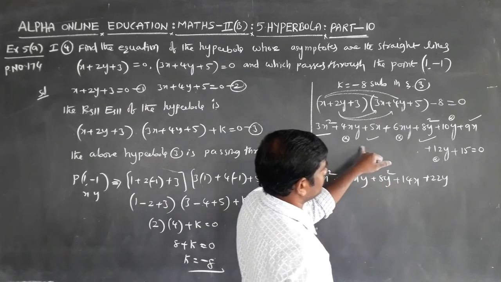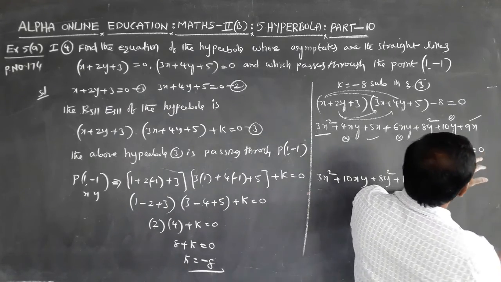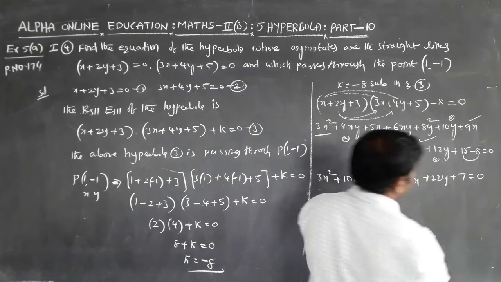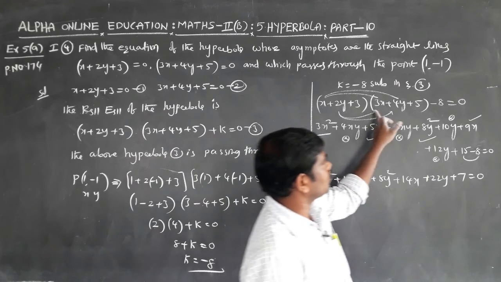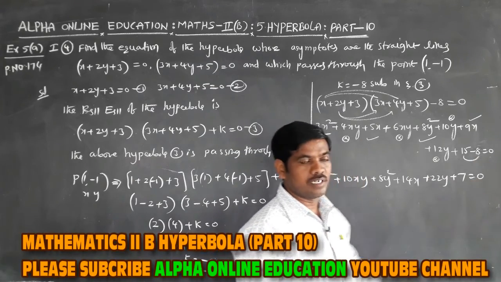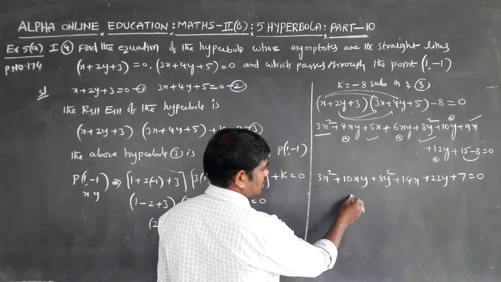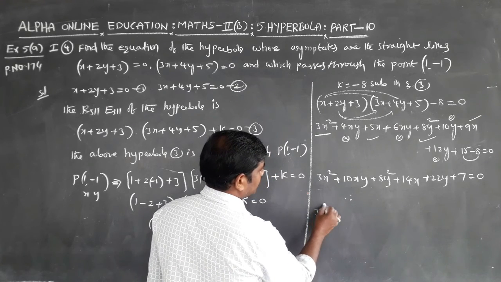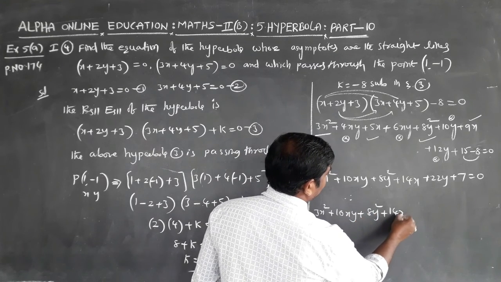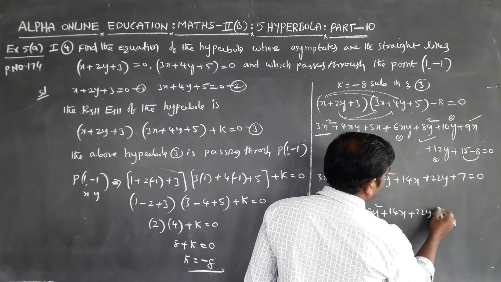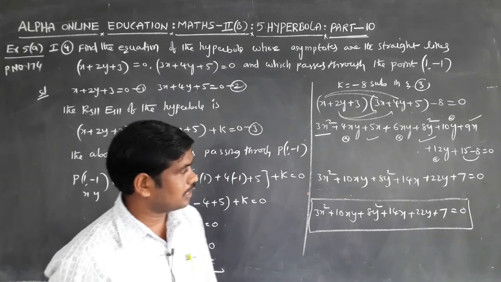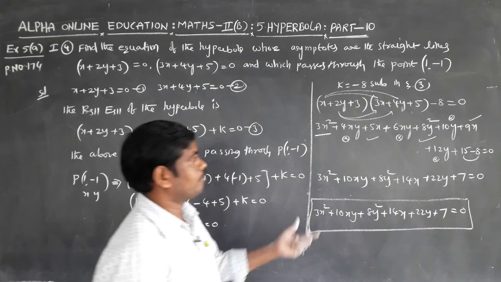Next the constants: 15 − 8 = 7, equal to 0. Therefore 3x² + 10xy + 8y² + 14x + 22y + 7 = 0 is the answer, which is the required equation of the hyperbola.